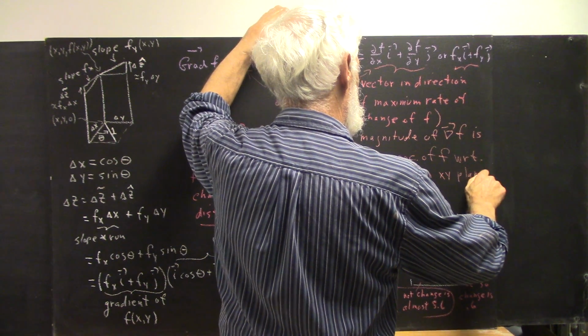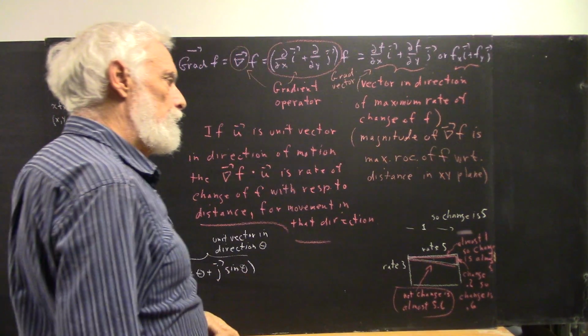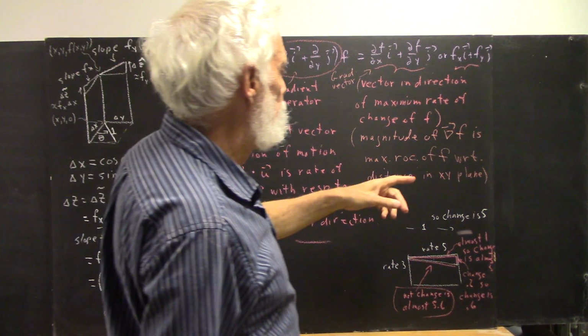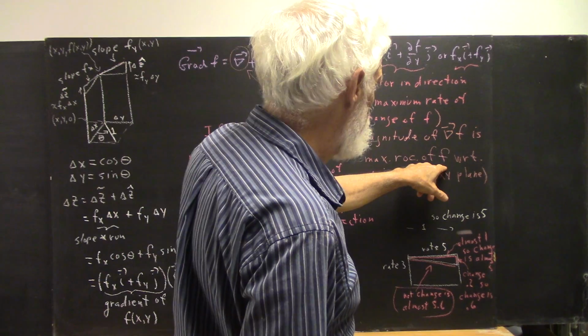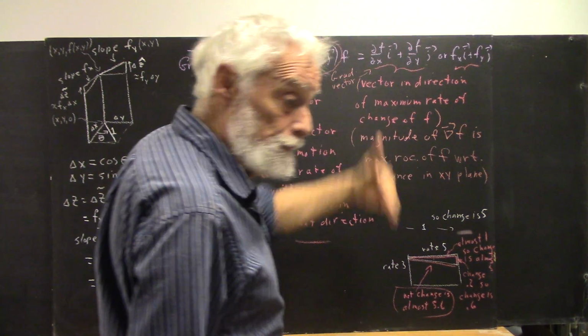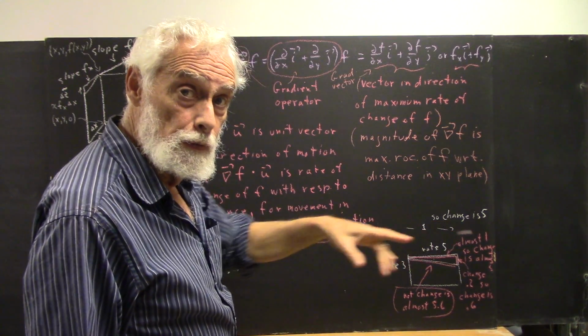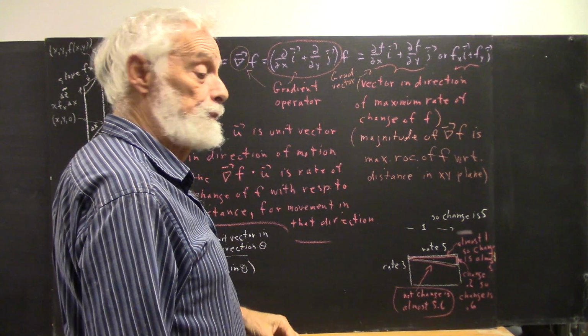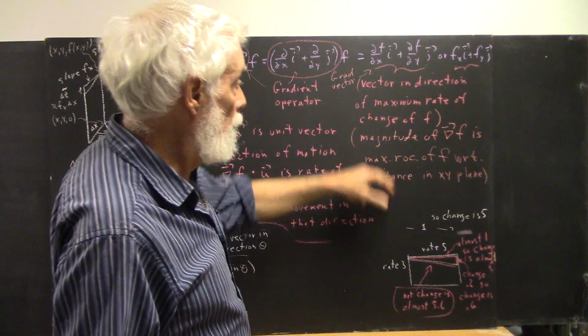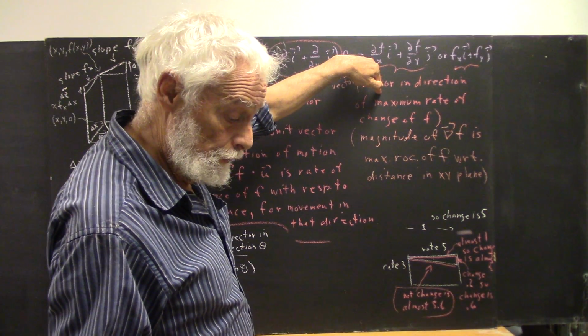We'll make more sense of this later. It's a maximum rate of change. The magnitude is the maximum rate of change of the value of f, the z value you get, with respect to the distance you move in the xy plane. And it happens in this direction.